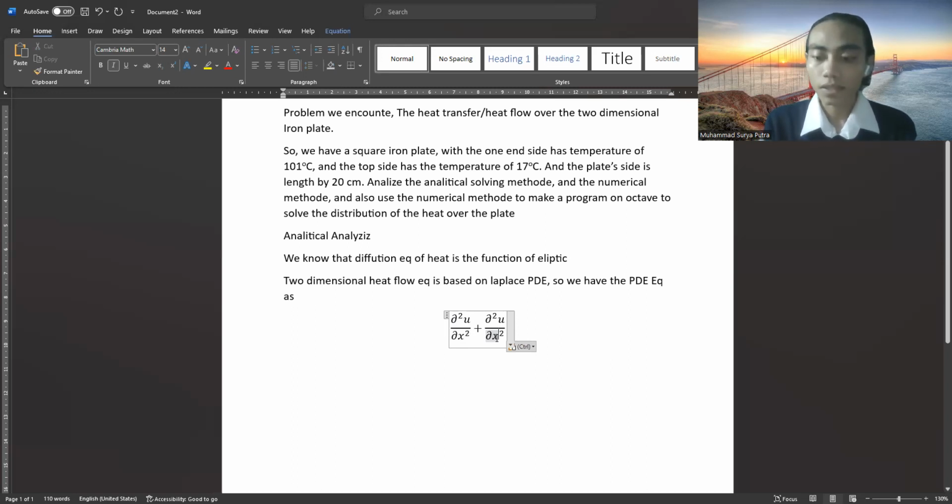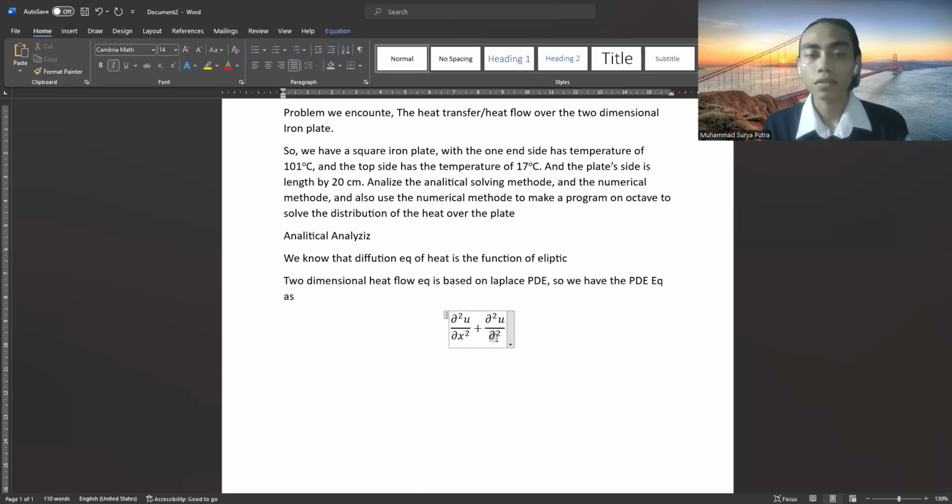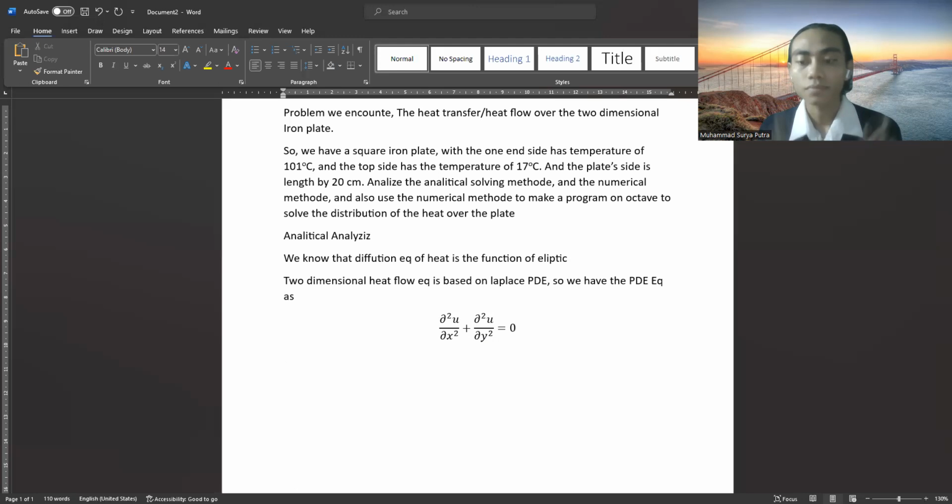We know this is the official, mainstream Laplace equation in two-dimensional heat flow. The function u is twice differentiated by x and of course y, because this is two-dimensional, and is equal to 0. So why is it elliptic? Okay, let me show you.